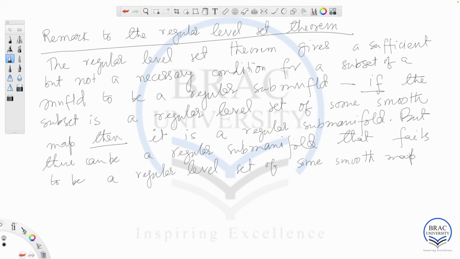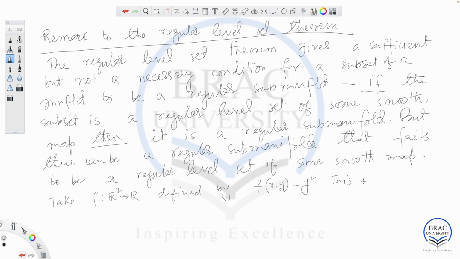Let me provide an example supporting this argument. Take f to be a map from R2 to R, defined by f of x, y is equal to y squared.